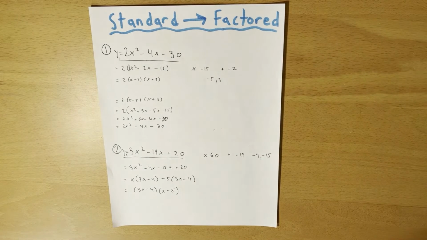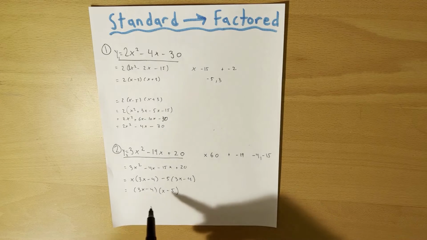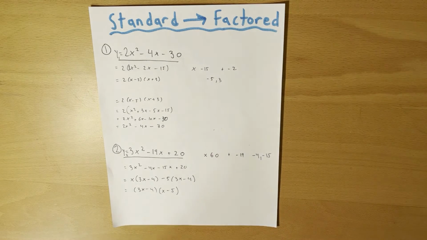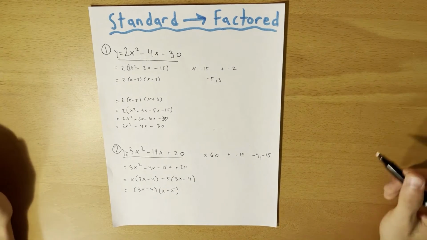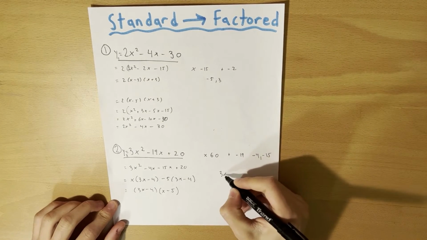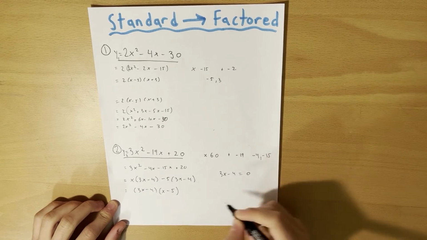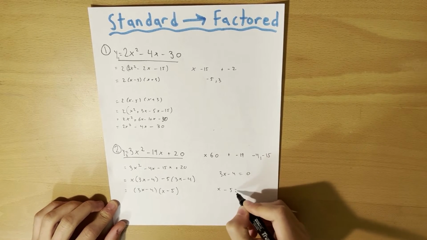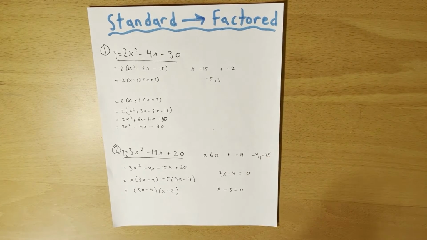One thing I forgot to mention earlier is how you find the zeros of the parabola now that you have the equation in the factored form. So I'm going to use question 2 here again. What you're going to want to do is take each of these brackets and set them both to 0. So you go 3x minus 4 equals 0, then x minus 5 equals 0. And then you're going to solve algebraically.